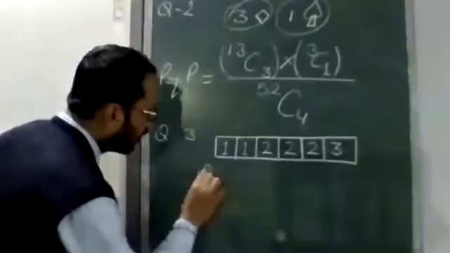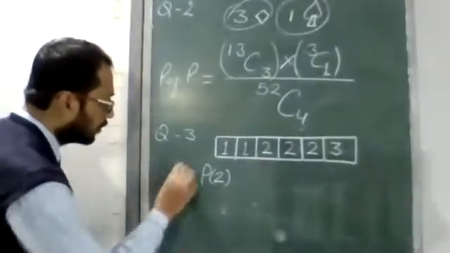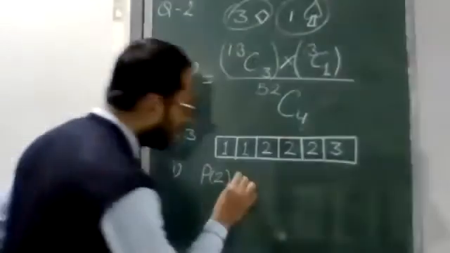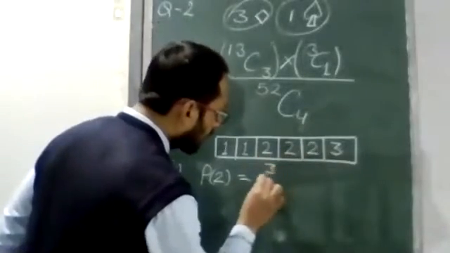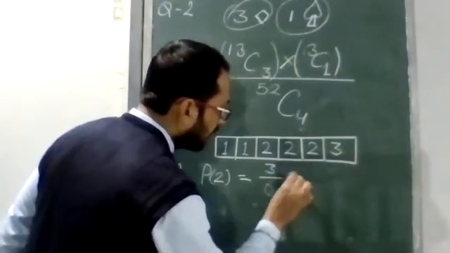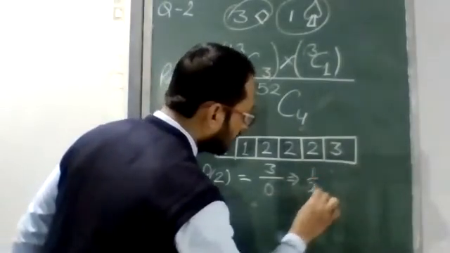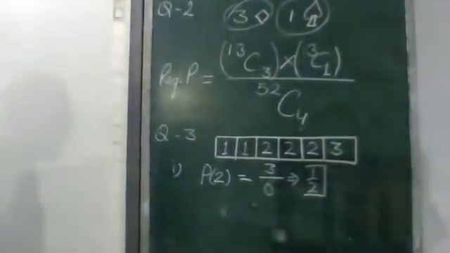So the probability of obtaining 2 is the favorable condition. How many 2s are there? There are 3 2s, and total numbers are 6. So the probability of this particular condition will be 1 by 2.